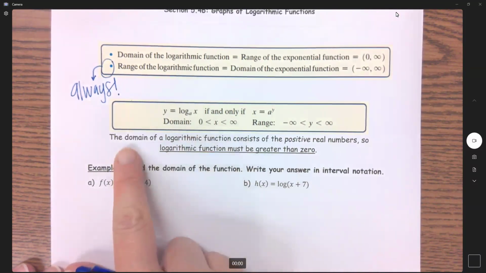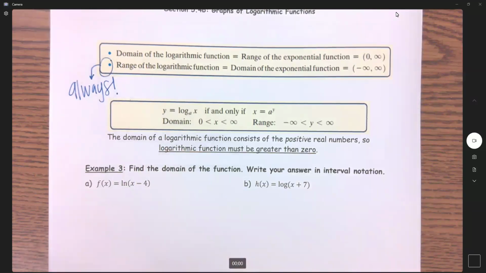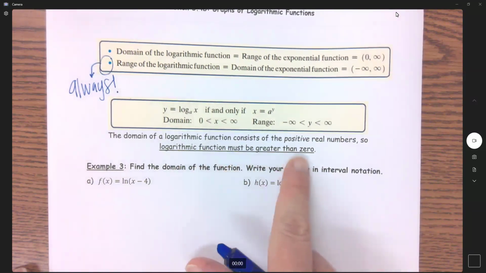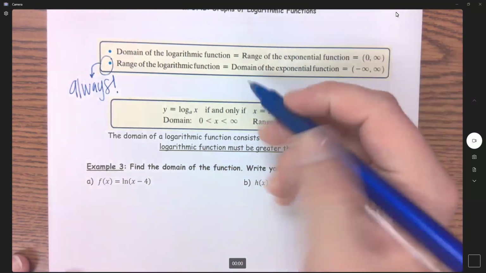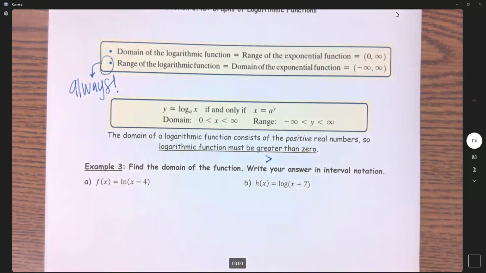I put down here that the domain of a log function consists of the positive real numbers. So what is within the log must be greater than 0. Notice it says greater than and not greater than or equal to, just greater than. So we've been dealing with only 2 mathematical commandments of domain for 3.5 modules of this course.